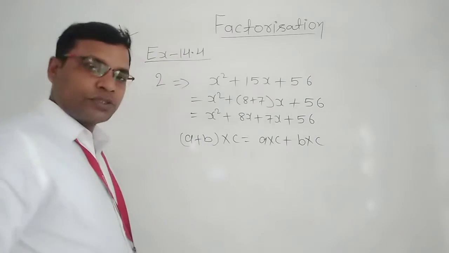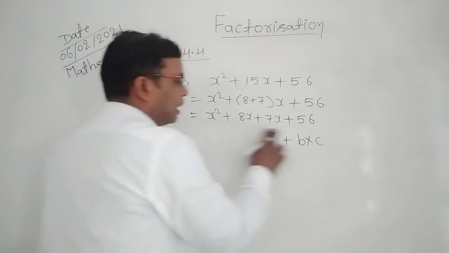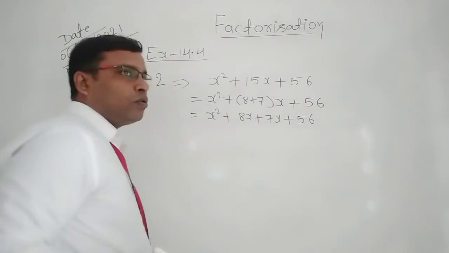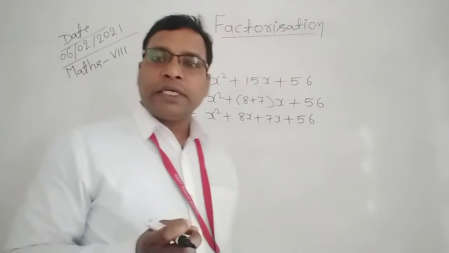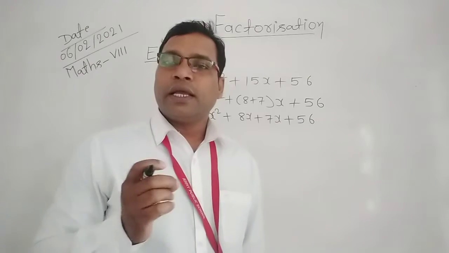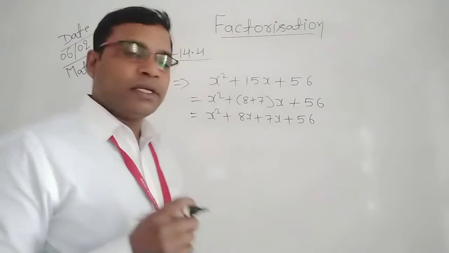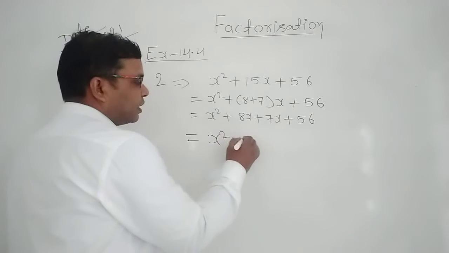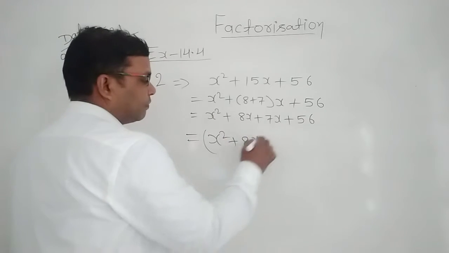Clear? So after this we do grouping. How do we group? We take any two terms and group them such that we get some common factor between them. So here we grouped x square plus 8x, this is the first group.